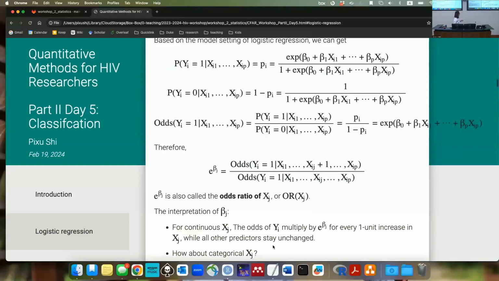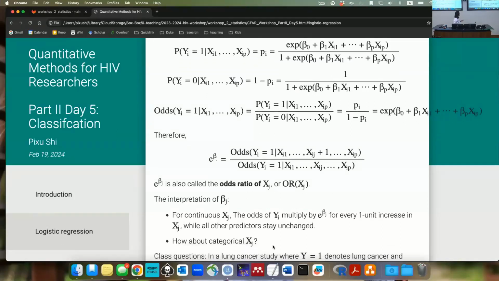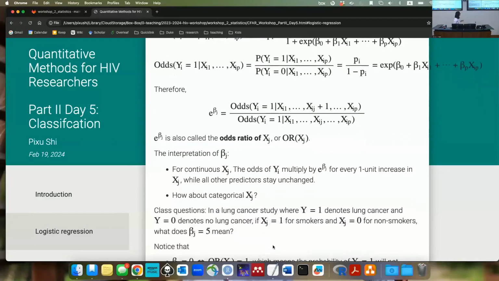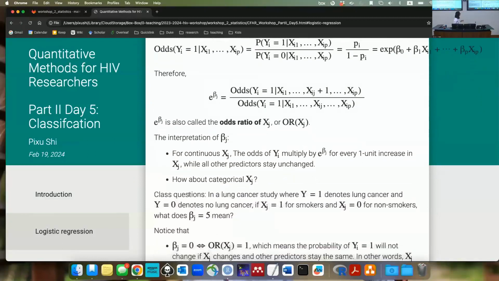And so here I have questions in a cancer scenario. Suppose you have 1 for lung cancer and 0 for no lung cancer as the outcome, and X is smoker indicator, and the coefficient for the smoker indicator is 5.